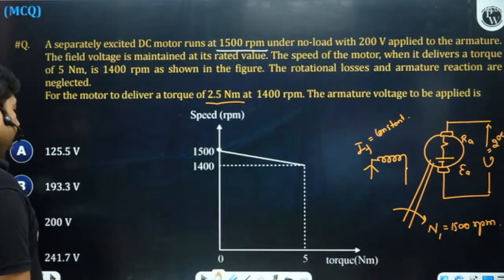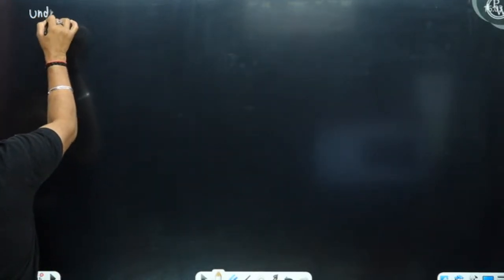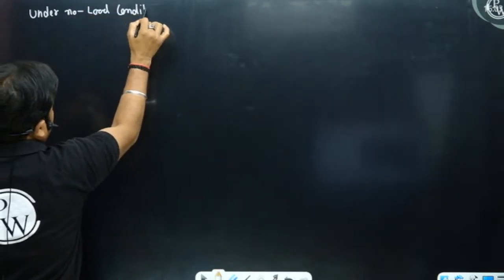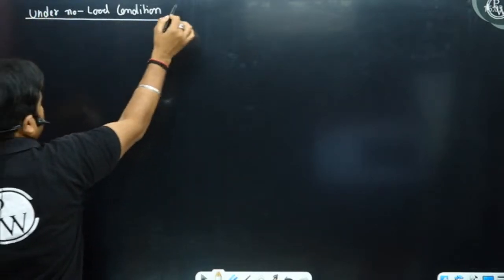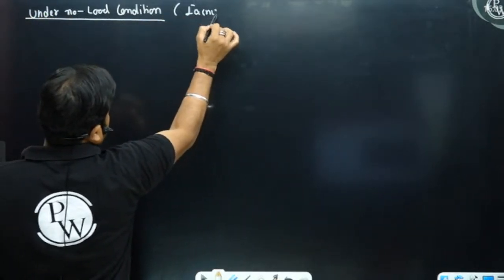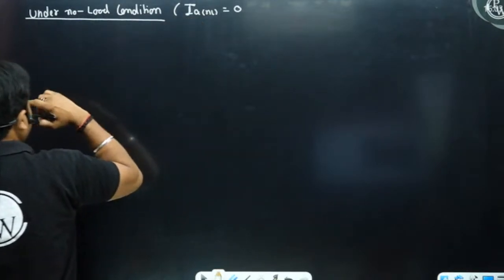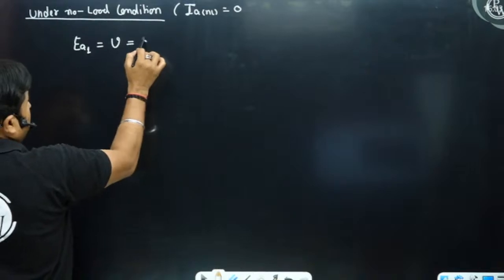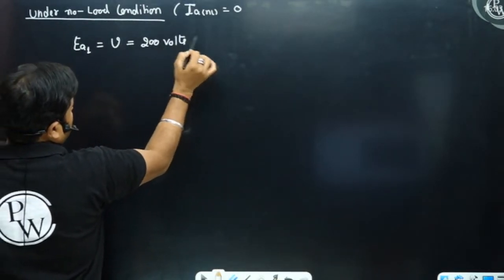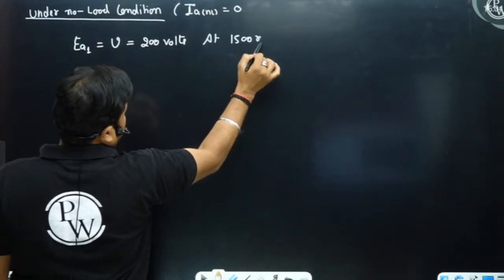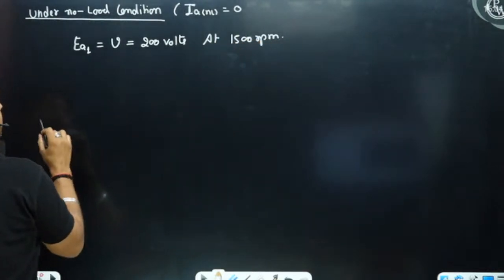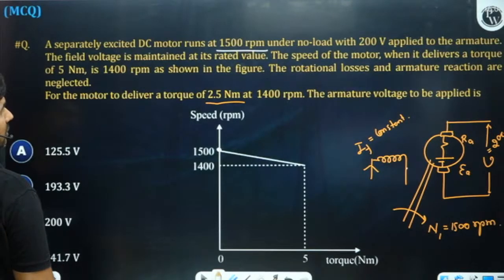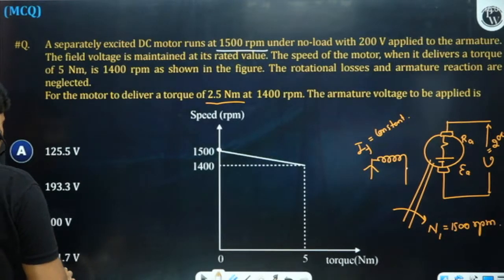Under no load condition, since rotational losses are neglected, IA under no load is 0. EA1 is equal to V is equal to 200 volts at 1500 rpm. We all know that induced EMF depends upon the speed. While producing a torque of 5 Newton meter, it rotates at 1400 rpm.